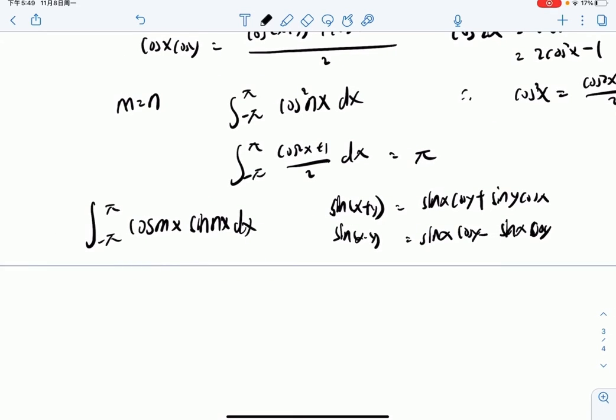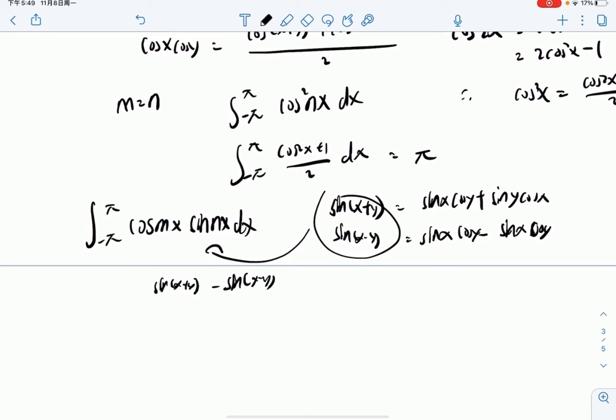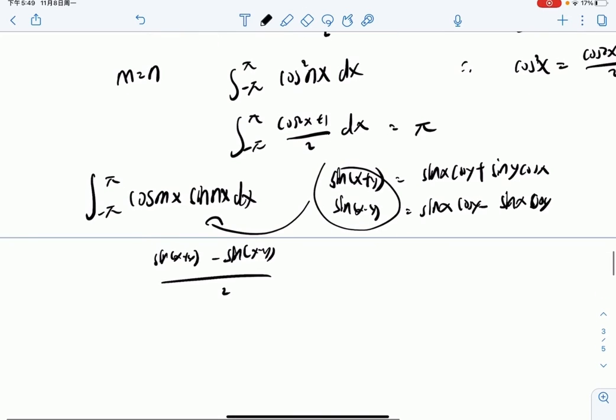You can see this will be expanded out into sine x plus y and sine x minus y in this kind of form. And you can see this term is just going to be equal to 0.